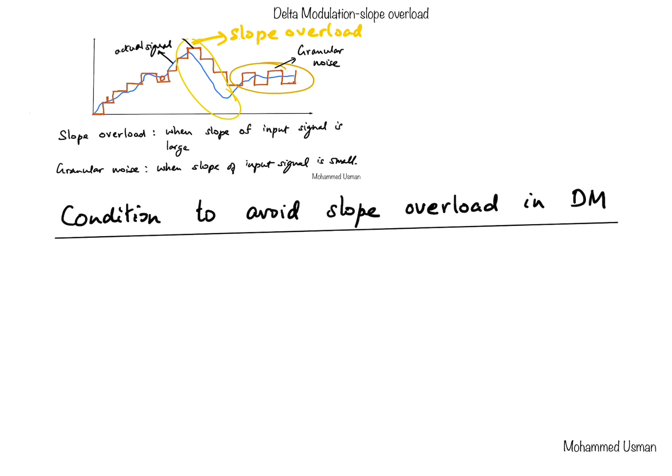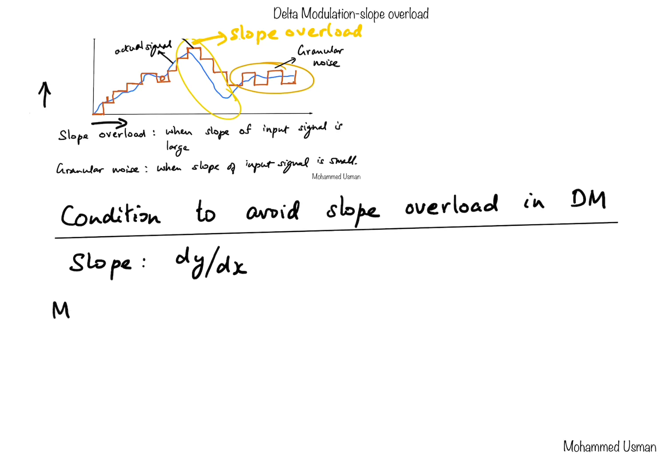As you know, slope is dy by dx. So we want to find out the maximum step change along the y-axis and the maximum step change along the x-axis. That would give us the maximum slope for the delta modulator output.